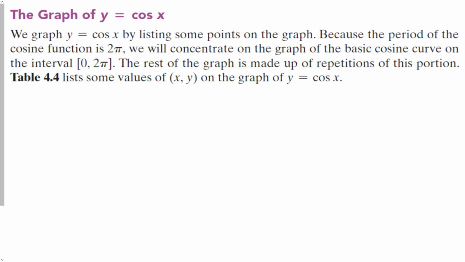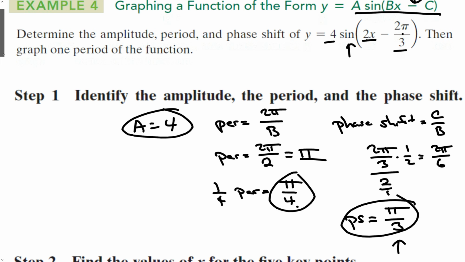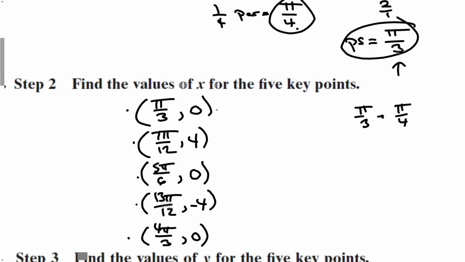cosine. Okay? This is going to go a little bit faster because now that we know how the sine function works, cosine is going to work the same way, except for the order of the coordinates. What that means is for sine function, we went middle, max, middle, min, middle.